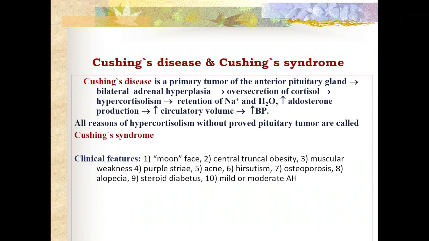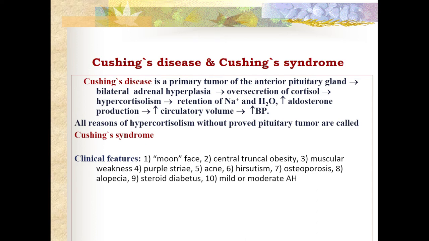Cushing disease or Cushing syndrome. Cushing disease is a primary tumor of the anterior pituitary gland, which can lead to bilateral adrenal hyperplasia and oversecretion of cortisol. Hypercortisolism can lead to retention of sodium and water, increased aldosterone production, and increased circulatory volume.